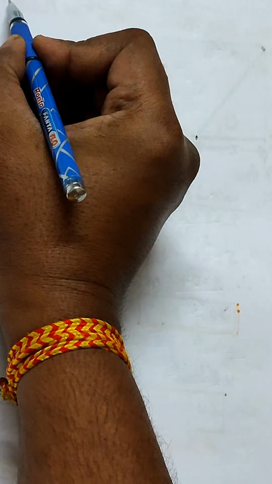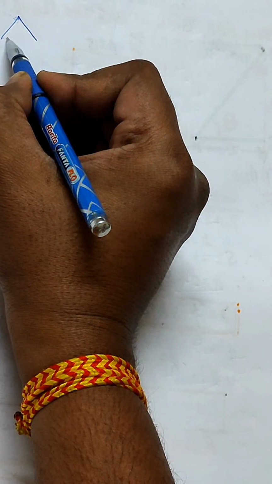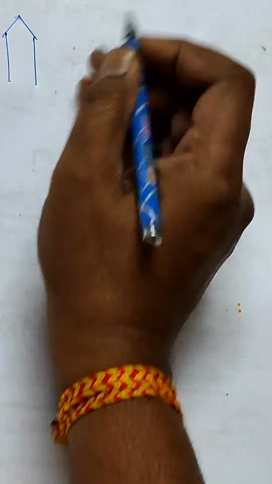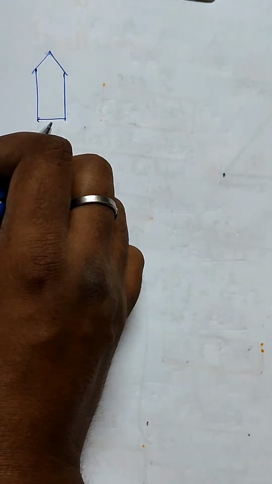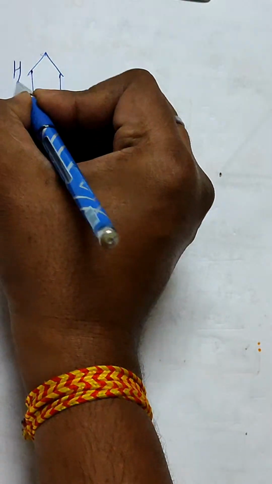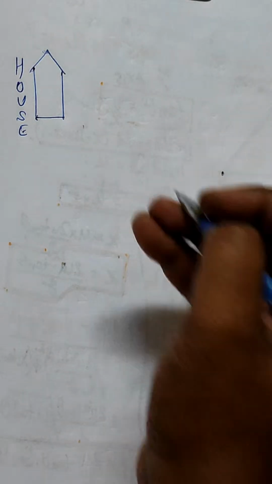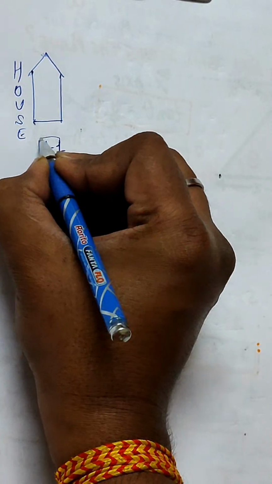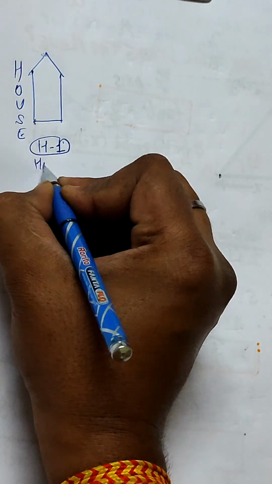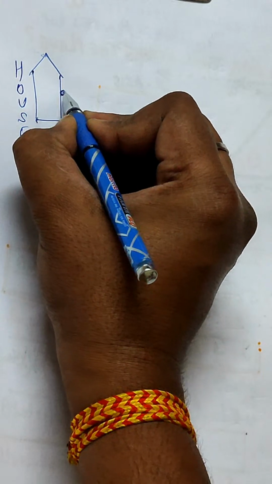Okay, let's say this is a house, house 1, and there is a window situated let's say something over here.